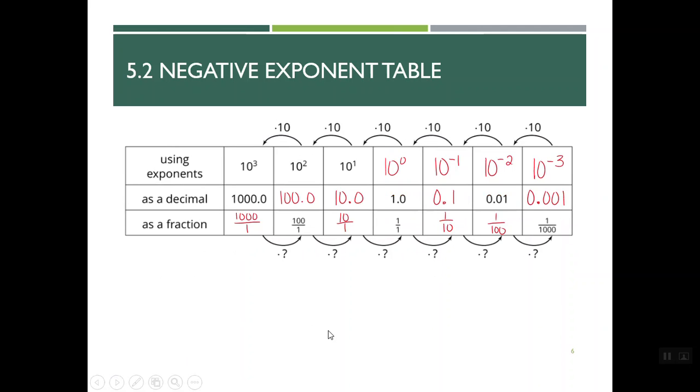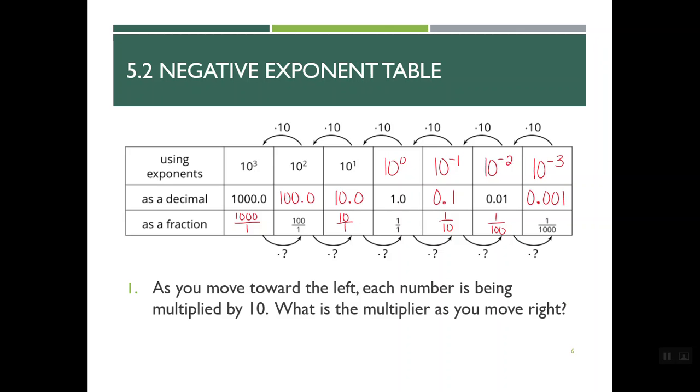Okay, so we've got the table filled out here still. First question says, as you move toward the left, each number is being multiplied by 10. So we're multiplying by 10 as we go to the left. And we've talked about that with exponents. Every time you add an exponent, you're just multiplying by another 10. So the question is, what happens as you move to the right? Now yesterday we discussed this as being we're dividing by 10, but they want to know a multiplier.